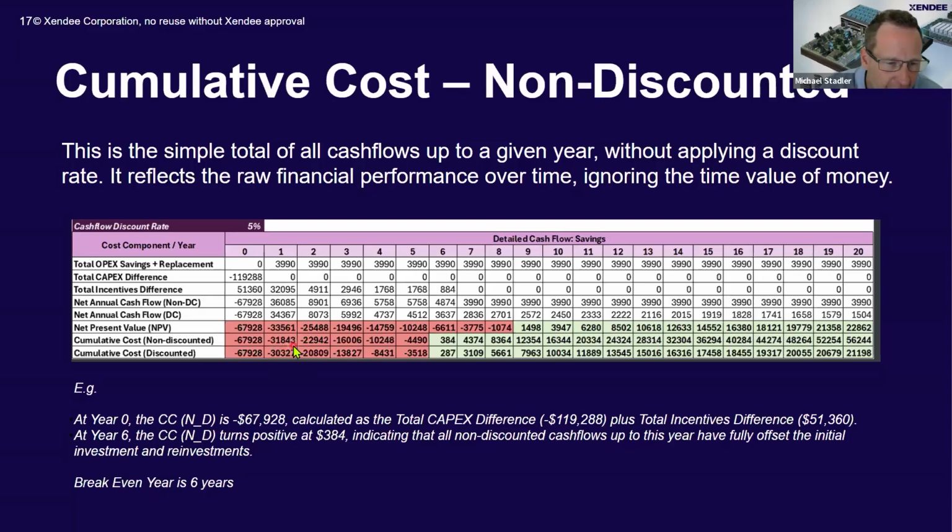And then the discounted one is just now the total number discounted. So the thing is, with net present value, you discount every term and then sum it up, and then the cumulative one, you sum it up and then you discount it.